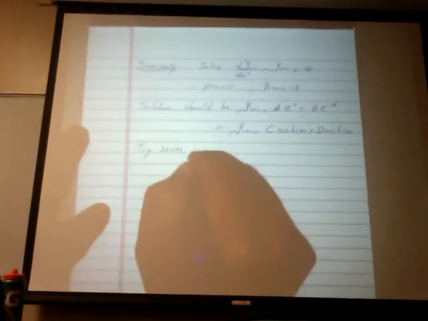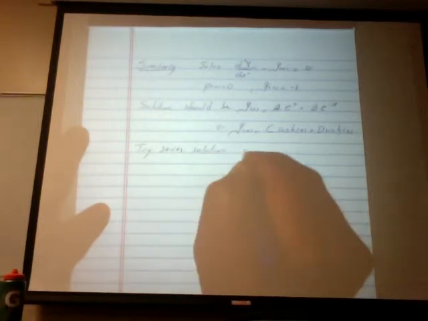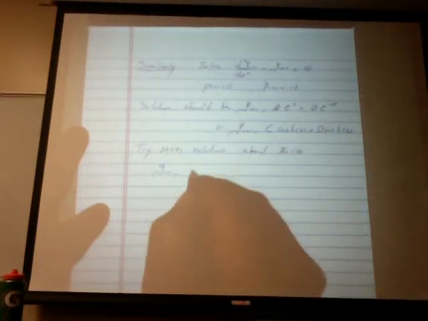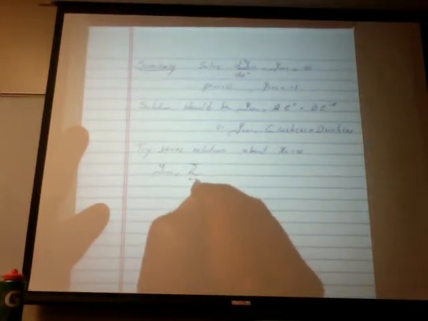Try series solution about x0 equals 0 such that y of x is equal to the summation from n equals 0 to infinity of Cn x to the n.